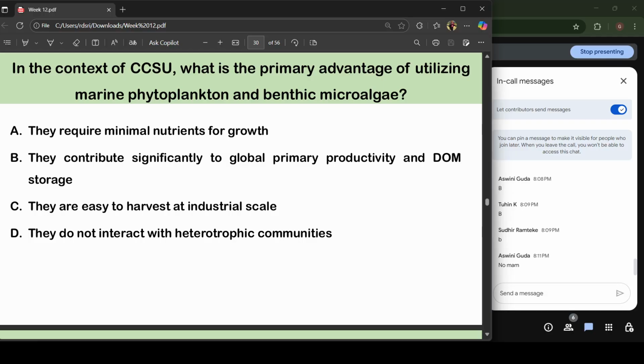So the next question is, in the context of carbon capture, storage and utilization, what is the primary advantage of utilizing marine phytoplanktons and benthic microalgae?